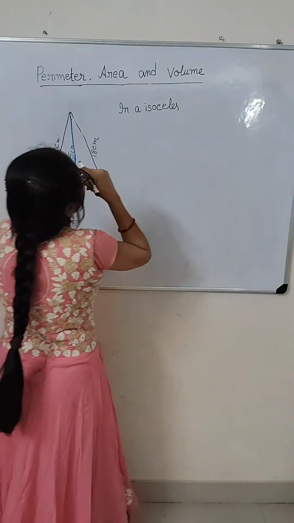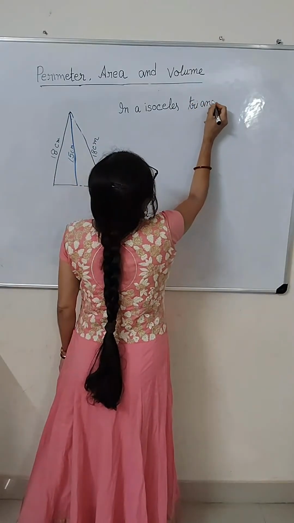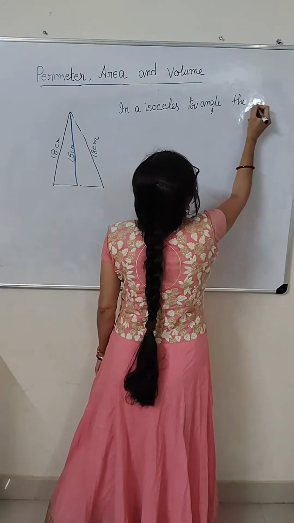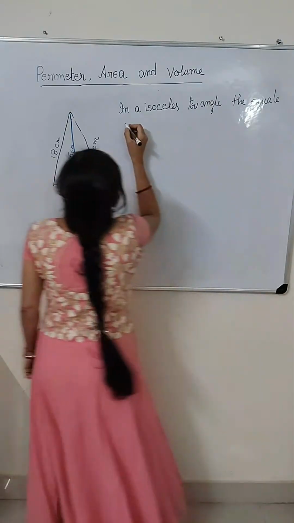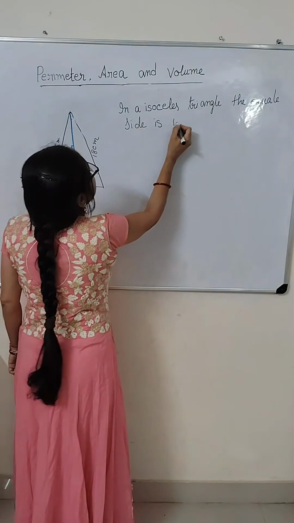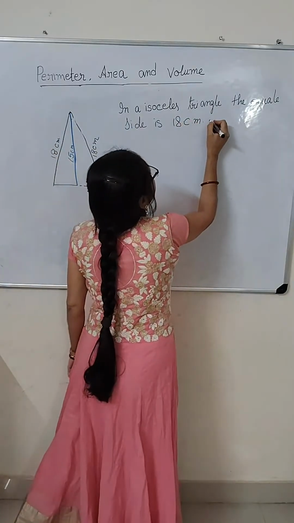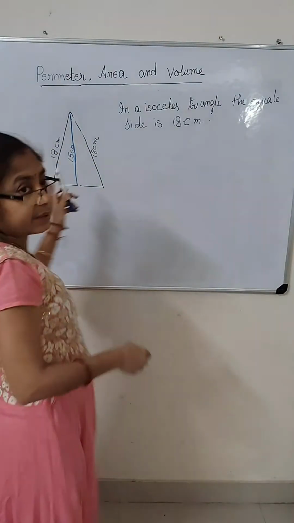In an isosceles triangle, the equal sides are, equal side is 18 centimeter. Base, I am not giving any base value.